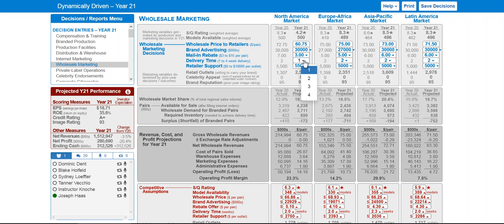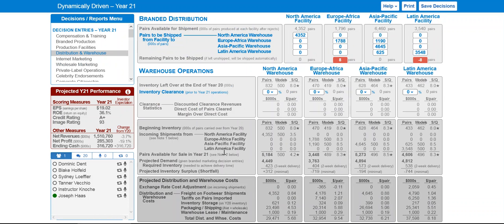if I say drop that to 3 week delivery time, I go back to the distribution screen, and you'll see that the required inventory on hand is much less. So if you want more pairs in your production, you want to have less delivery time. And that's one of the things I did in the final year.